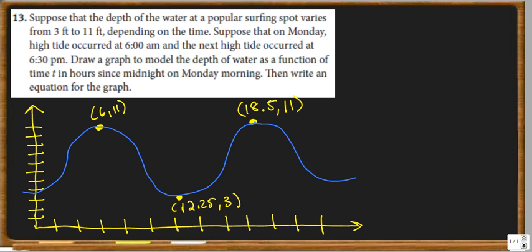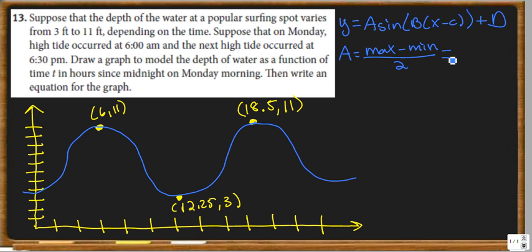So now we need to go back and find all of our parameters so we can write our equation. Remember, our equation should look something like this: y equals A times the sine of B times (x minus C) plus D. Okay, so we're looking for A, B, C, and D. A is going to be the max minus the minimum, divided by 2.